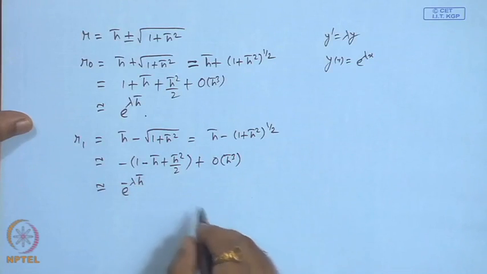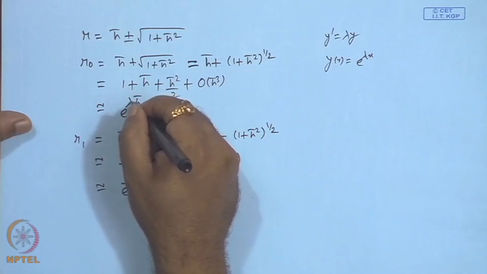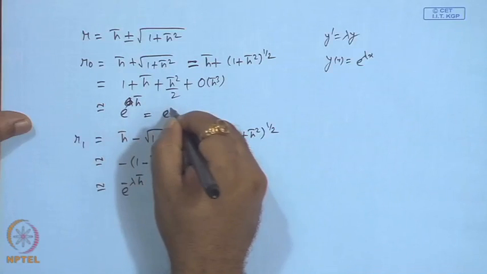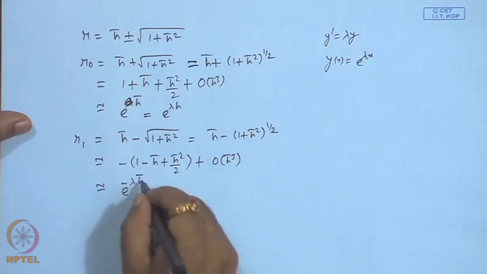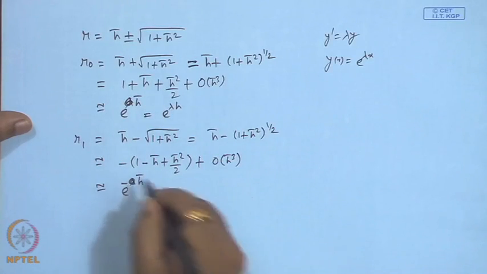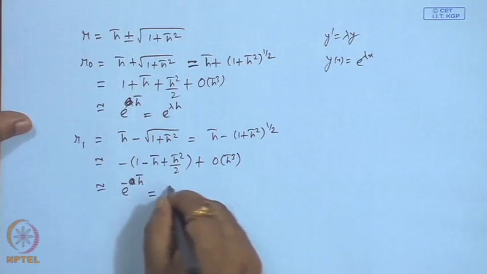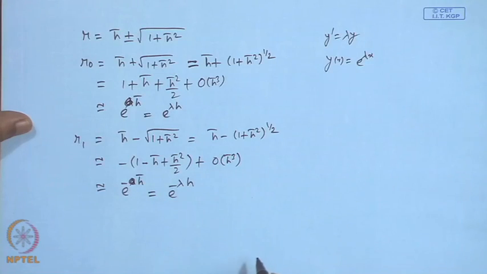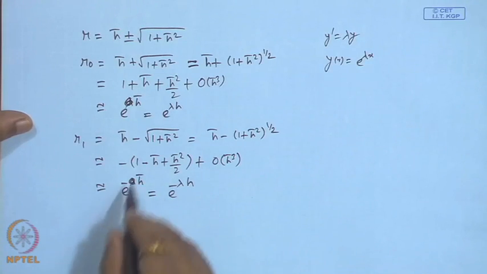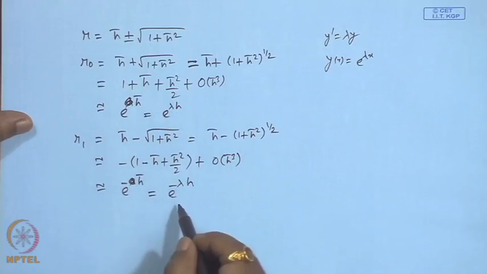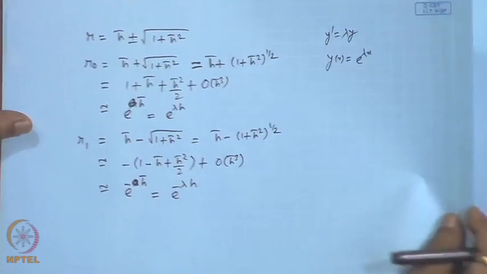I am sorry, this is lambda, which is e power lambda h, and this is e power minus lambda h. Okay. So, one you have this type and other is this type. Okay.